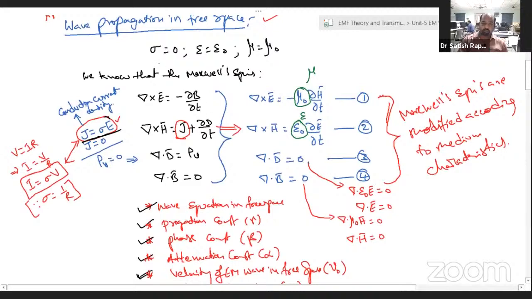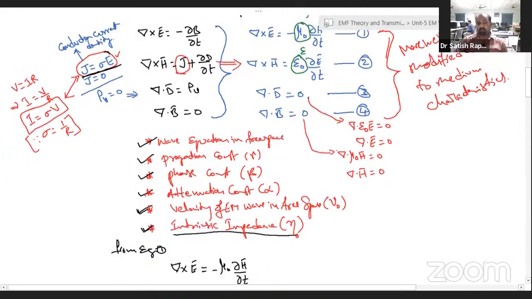So here sigma is equal to 0, epsilon is equal to epsilon naught, mu is equal to mu naught. These are the medium characteristics, and Maxwell's equations are modified accordingly.